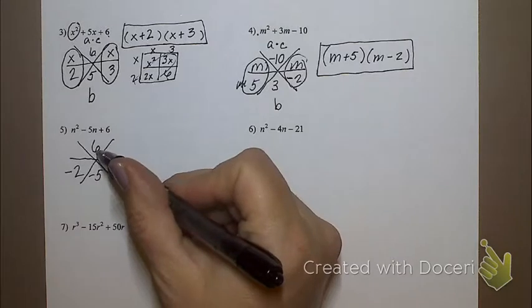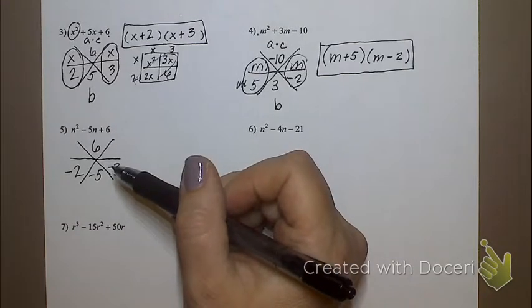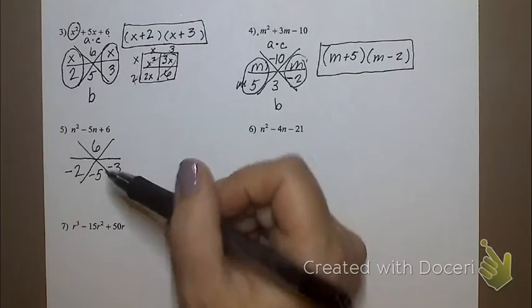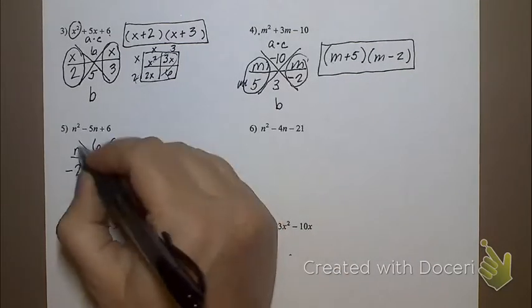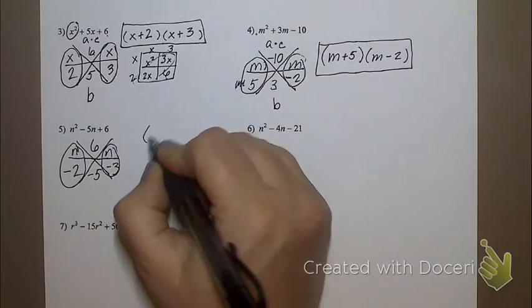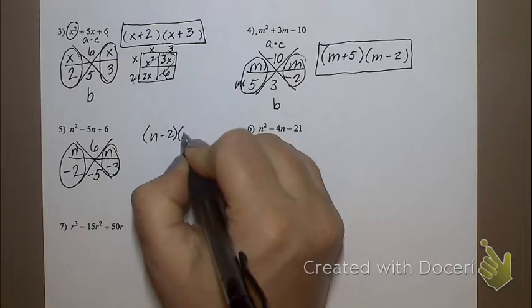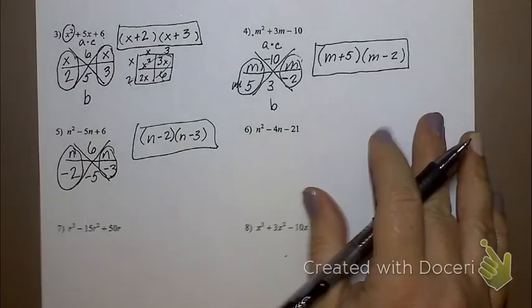Well, what are the other two numbers that multiply to get 6? 1 and 6. Right? They would have to work. All right, I split up my n. Can this reduce? Can this reduce? I have n minus 2, n minus 3. Easy peasy, right?